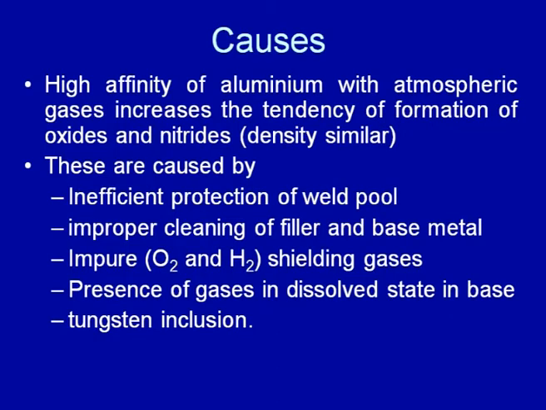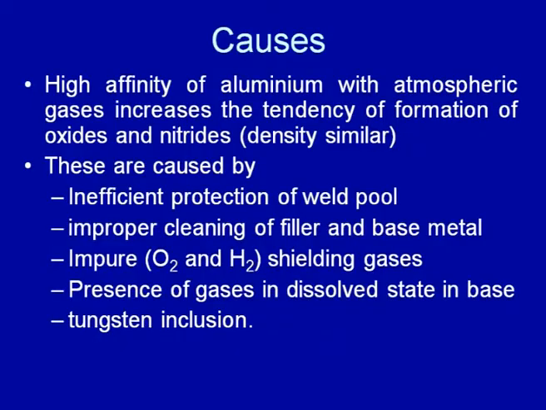So, the main reason behind the presence of the aluminum oxides and aluminum nitrides in the weld is that if the reaction between the atmospheric gases and the aluminum takes place, it will form oxides and nitrides which will have a density similar to that of the molten aluminum. They will have the tendency to stay there, and they will not be able to float on the surface of the molten metal, and because of this the entrapment tendency of these oxides and nitrides in the weld region increases.